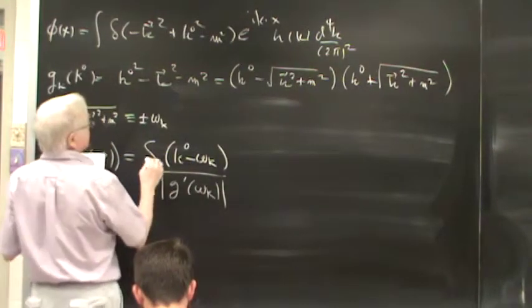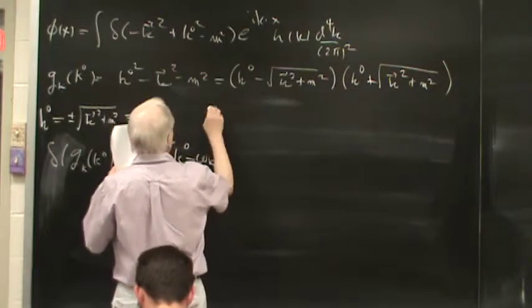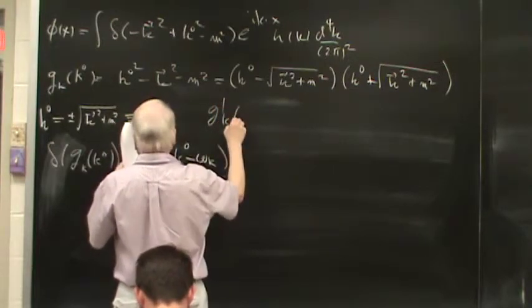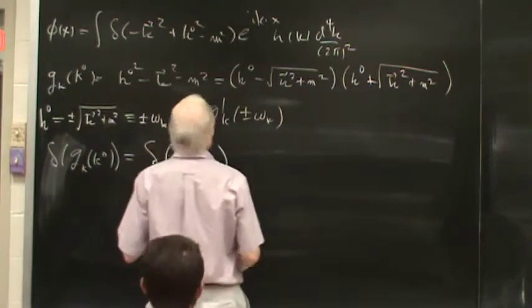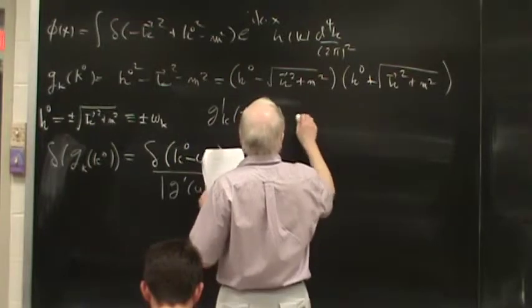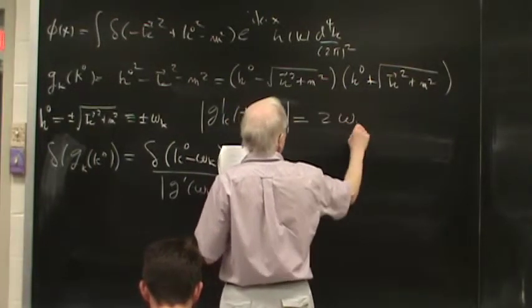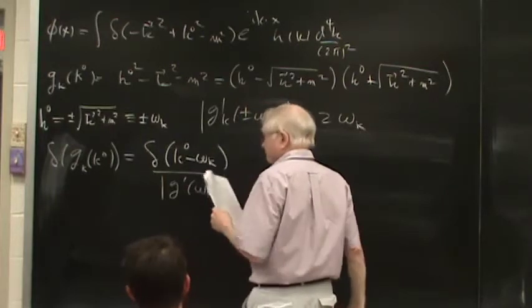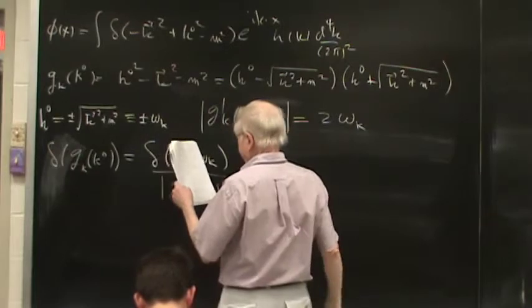And of course, what is g prime? Well, it's g prime k at plus or minus omega k. This means that we're differentiating with respect to k0. And if we take its absolute value, it's just 2 omega k, omega k being the positive square root.